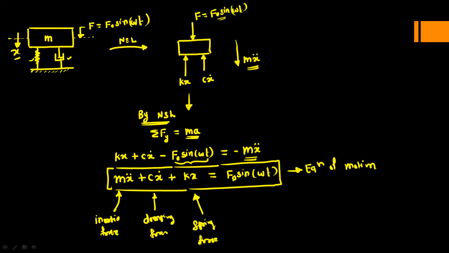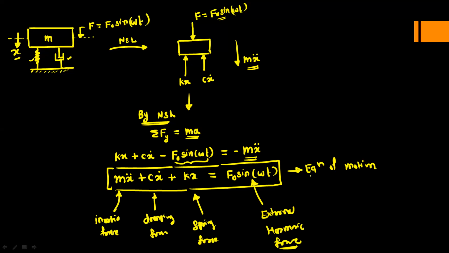And the right hand side, which is f0 sine omega t, is the external force. So this is the external harmonic force. Okay, so the meaning of harmonic force is, it is changing direction continuously with respect to time with a specific frequency, that is omega.